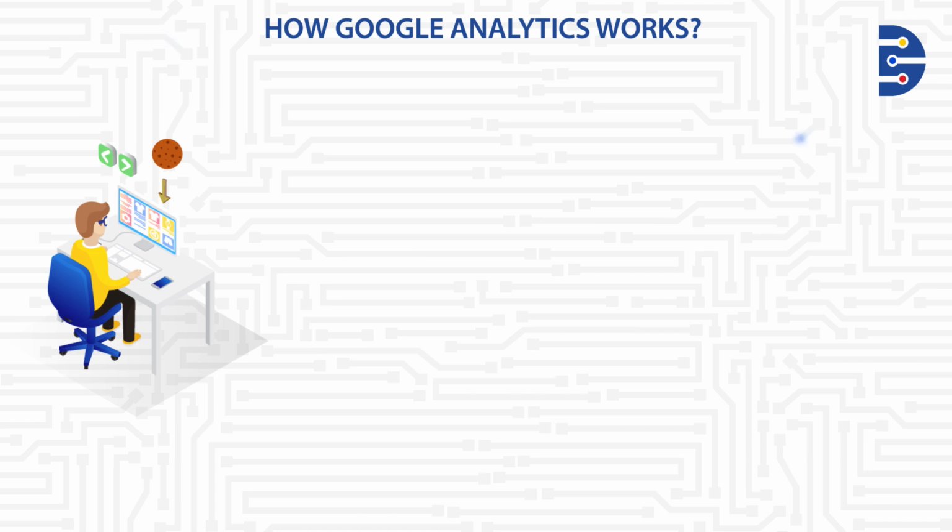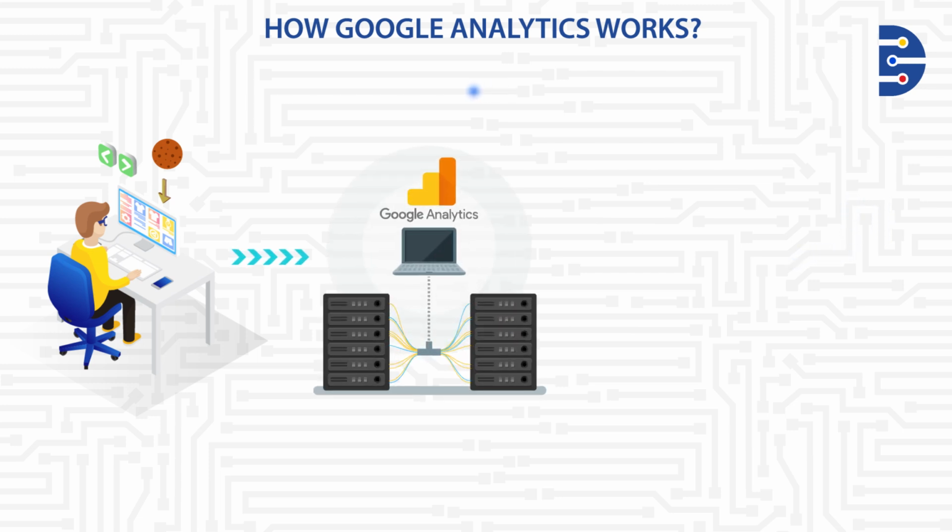Once the cookie is dropped, the cookie then tracks the user and all the activities of the user on your website. All this data that the cookie tracks is communicated back to the Google Analytics server.